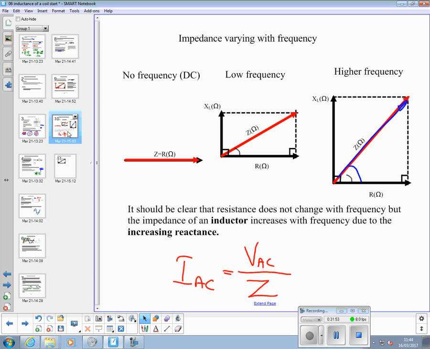Still Ohm's law, but this value changes with frequency. We don't get that in DC circuits. Alright? All happy about that?